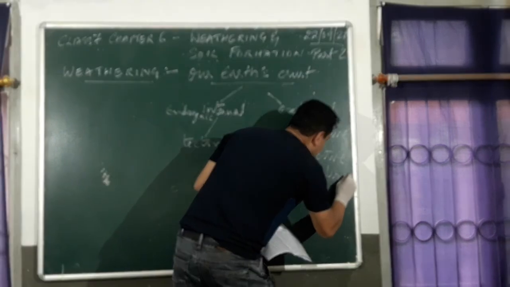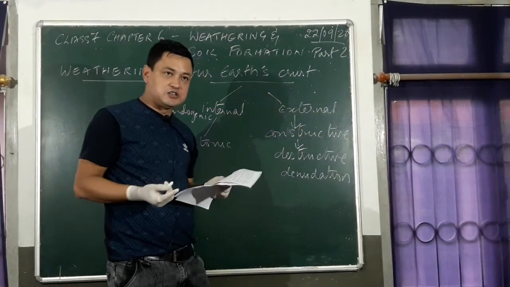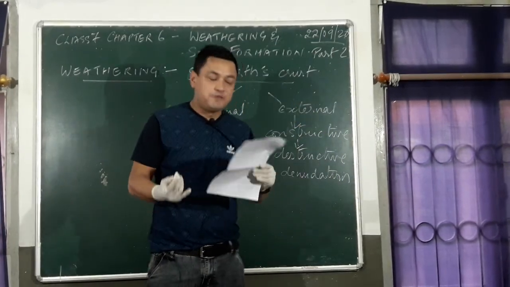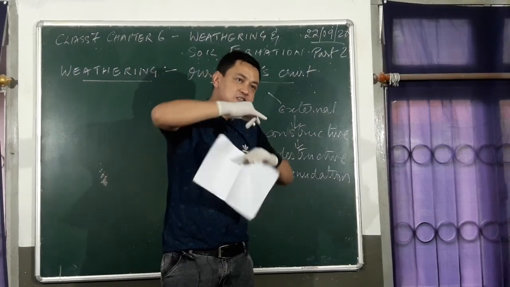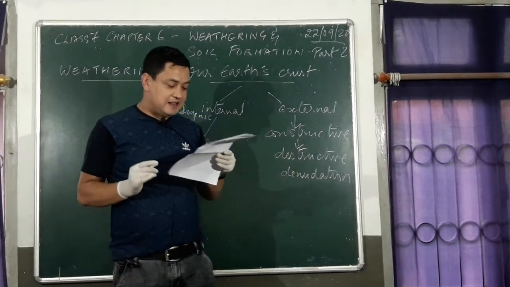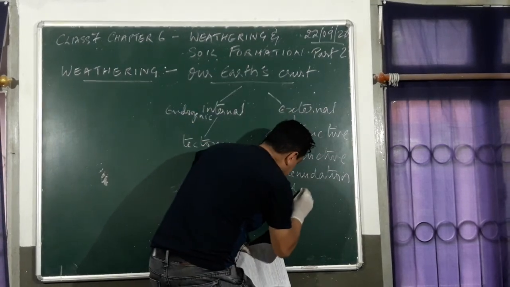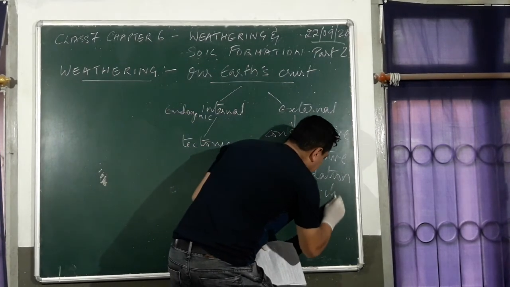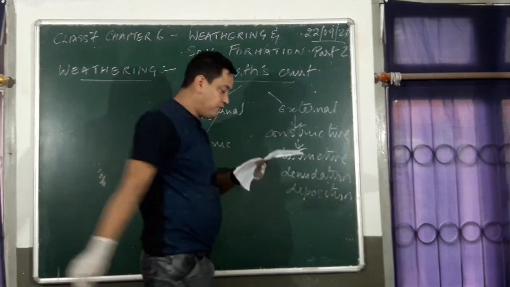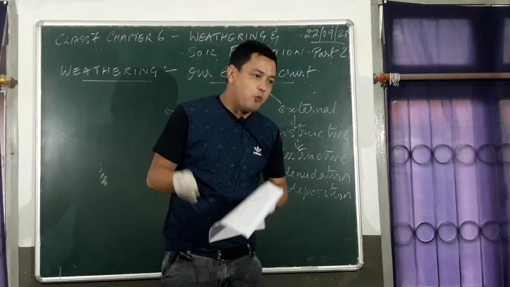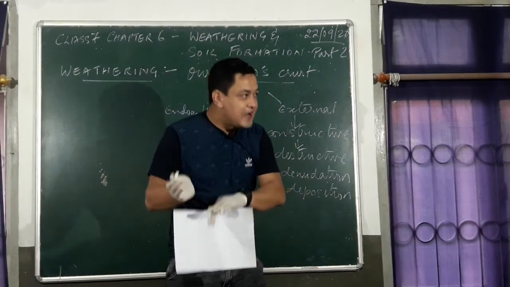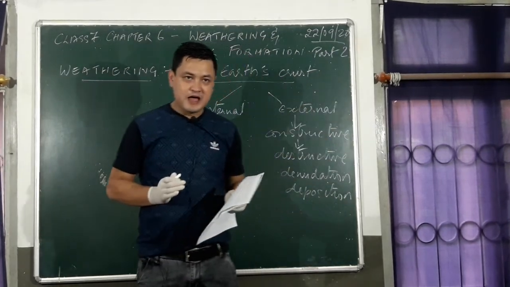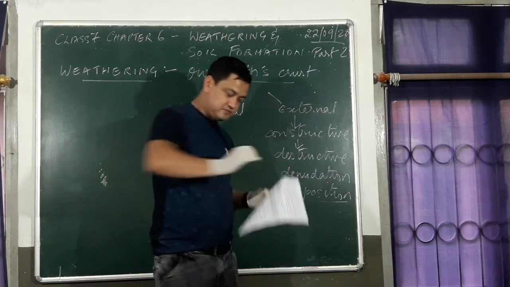Now the agents of denudation or agents of change, like wind and water, which are found outside the surface of the earth, basically shape the irregular shape of the land, as well as deposition is basically found in this external force. Deposition means once the material has been removed, it has to be deposited somewhere, and it is done by deposition.